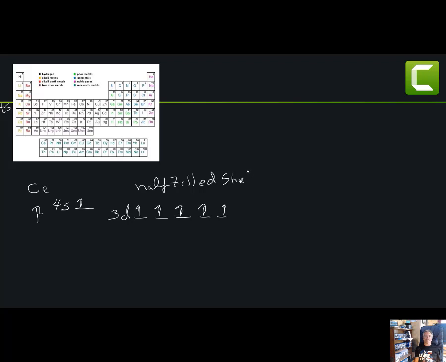They're a very, very stable electron configuration. So this half-filled 3d subshell and this half-filled 4s subshell give us a more stable configuration for chromium than if we had 4s2 3d4.